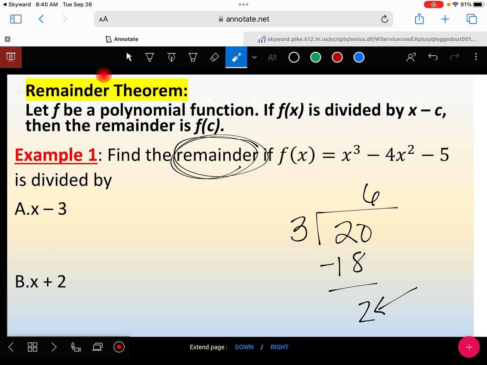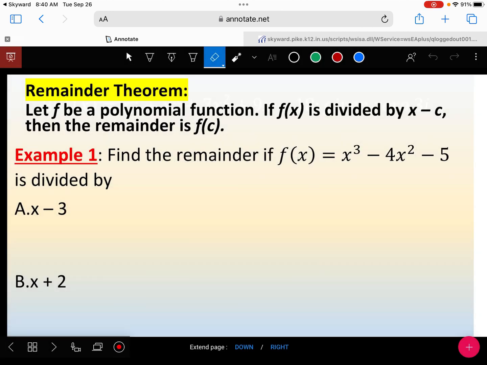To find the remainder is actually very simple, because the theorem says if you take f of x and divide it by x minus c, the remainder is just f of c. So if I'm dividing by x minus 3, my remainder is just going to be f of 3.